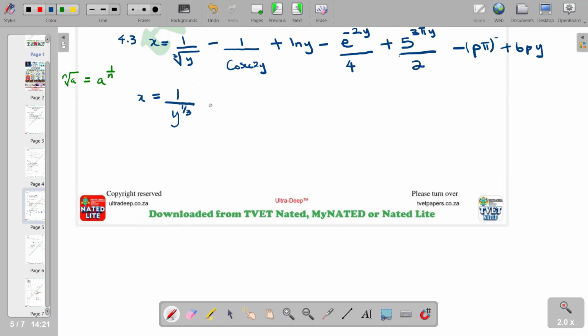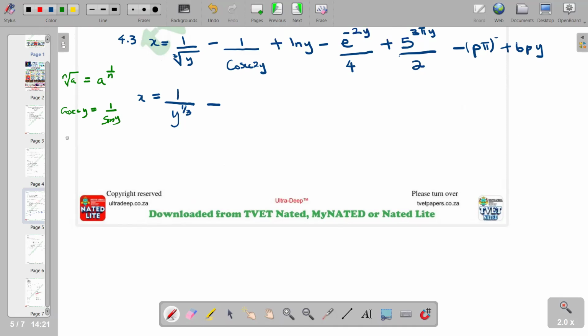Then minus, we go to the next term. We know cosec y is equal to 1 over sine y.